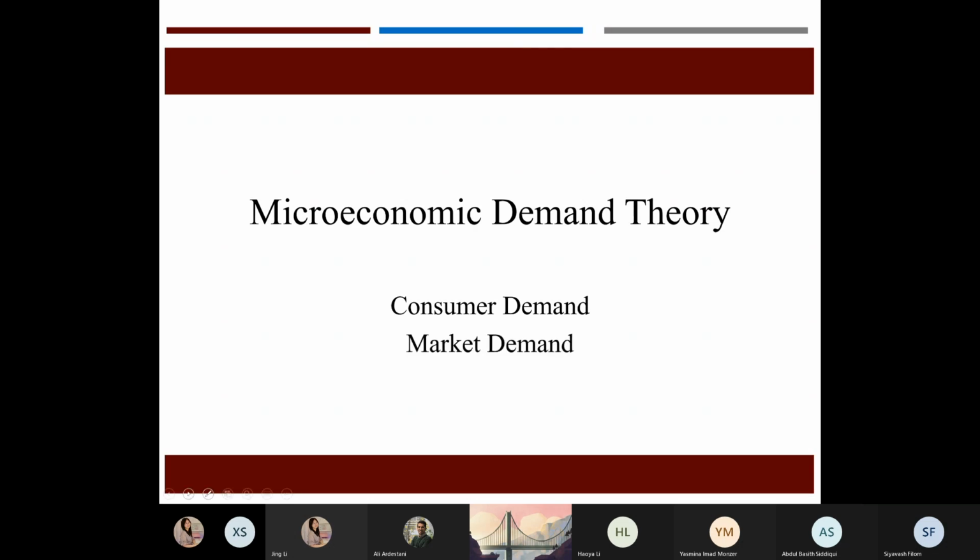The consumer demand will basically consider the disaggregate demand theory, where we will try to understand the behaviors of each individual user. And the market demand will be related to the overall market, the aggregate features of the demand and the cost. So we're going to go through them one by one.